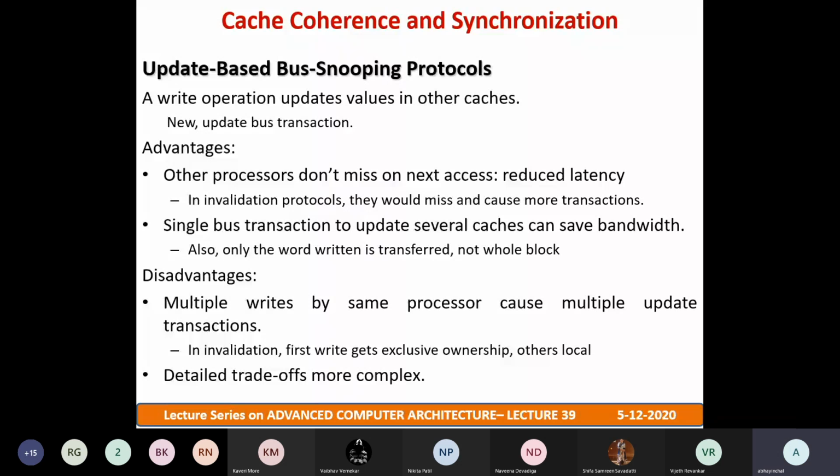Whereas in the write update bus snooping protocol, a single bus transaction to update several caches can save bandwidth. Also, only the word written is transferred, not the entire block. In invalidation protocols, we tag the block as 3-state or 2-state, valid or invalid, read write, read only, or invalid.